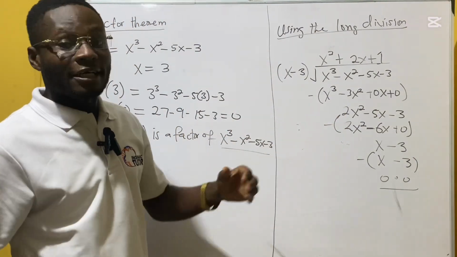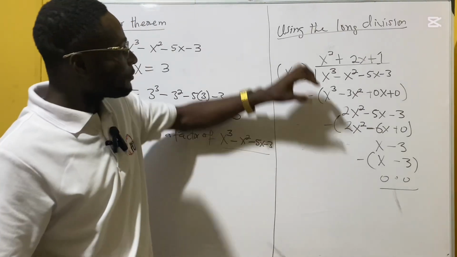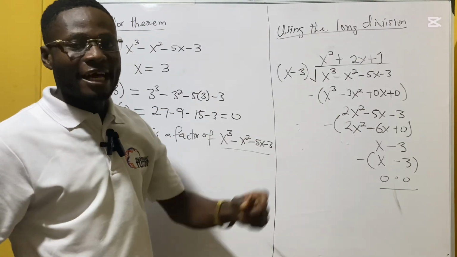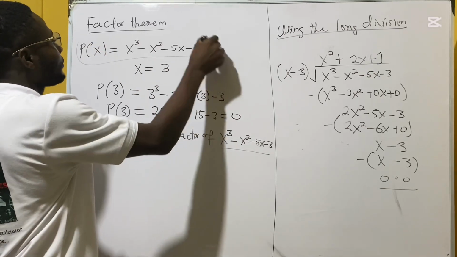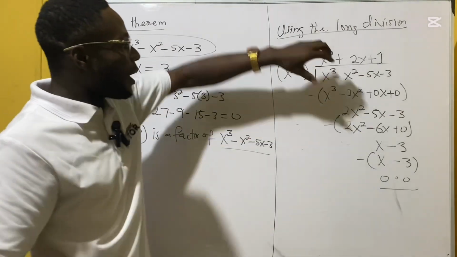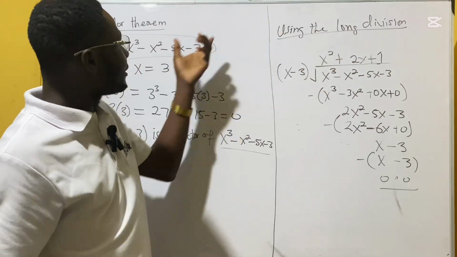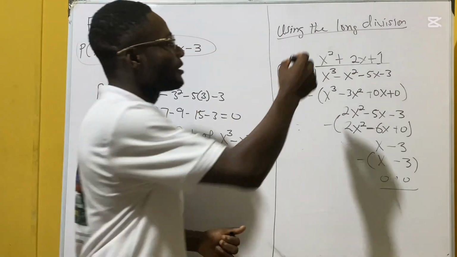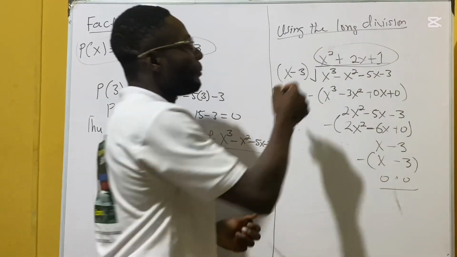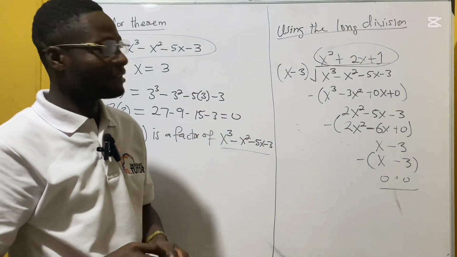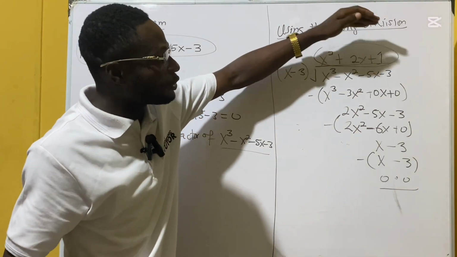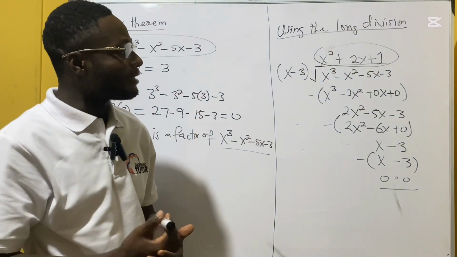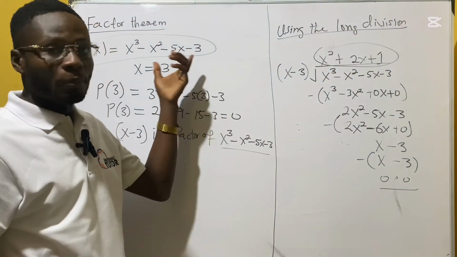That truly means that x minus 3 is indeed a factor of this polynomial. Once that is a factor, this quotient we have here becomes the other factor. So x minus 3 and x squared plus 2x plus 1 are the factors of this polynomial.